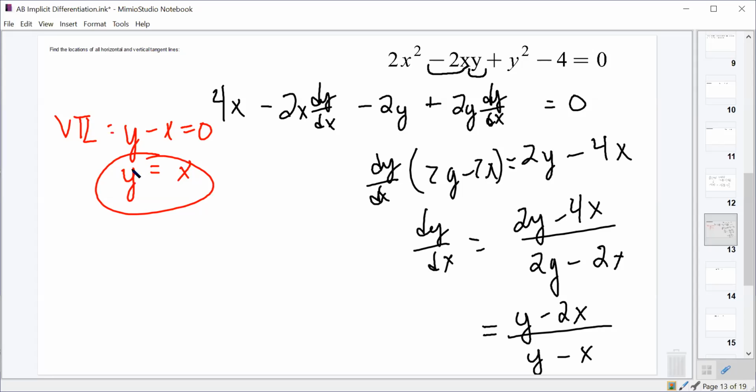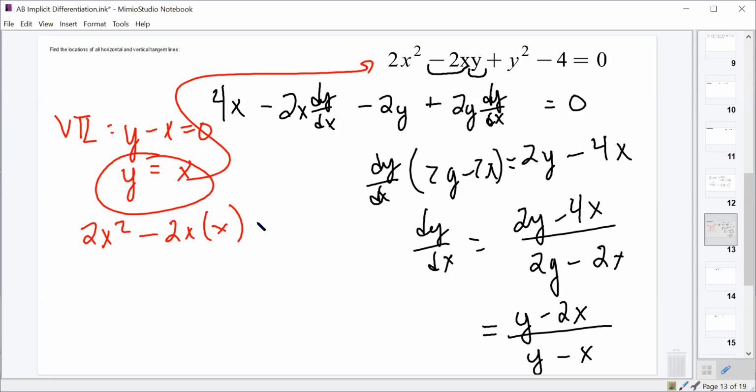So we're going to take y equals x, and we're going to plug that back in up here. If we're looking for the locations of the vertical tangent lines, it'd be nice to have those as x equals. So anywhere we see a y, we'll replace it with an x. So we'll have 2x squared minus, we'll replace this y with an x, and we'll replace this y with an x.